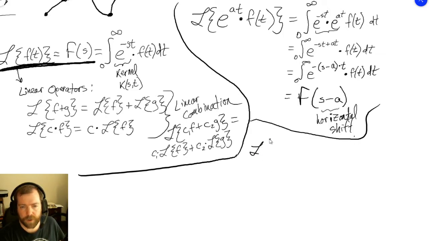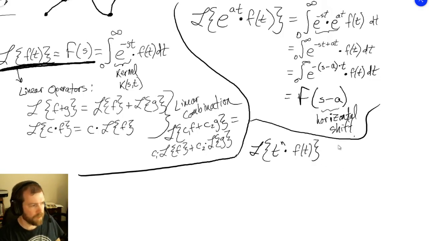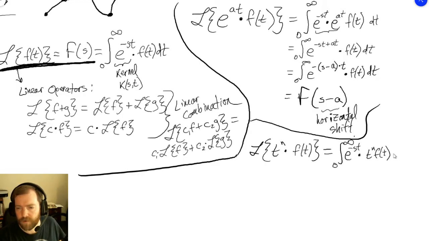How about the Laplace transform of t to the n times f of t? This is going to create, same thing here, the integral from 0 to infinity of e to the negative st times t to the n f of t, dt.